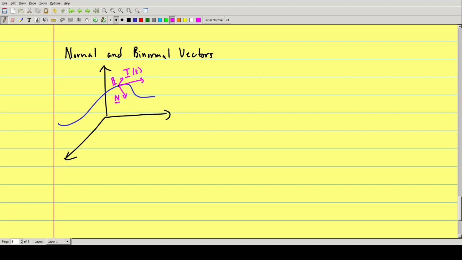So at some point on the curve, I have three mutually orthogonal vectors that look like they form a coordinate system that's sitting on the curve.